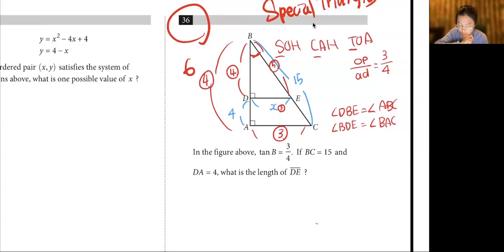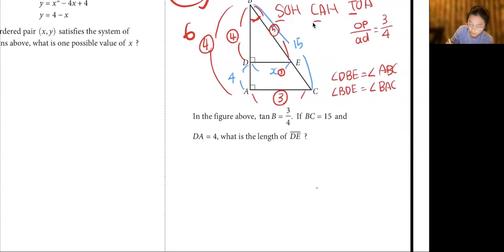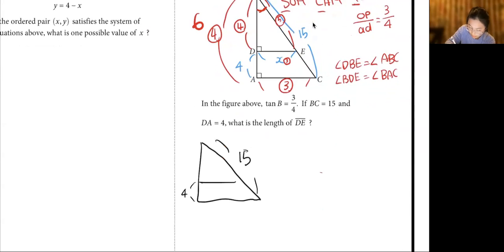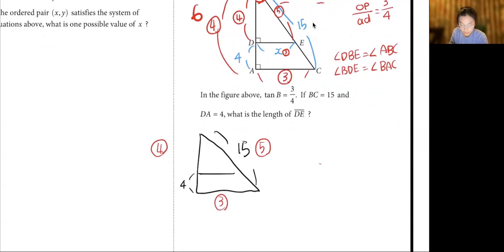We are going to look at the larger triangle first. Let me draw the larger triangle. That's going to be 15, and there's a line, and that's going to be 4. And we know the ratios: 4, 3, 5. But a problem is that we don't know the length of this part right here, so we need to express it in a different way.